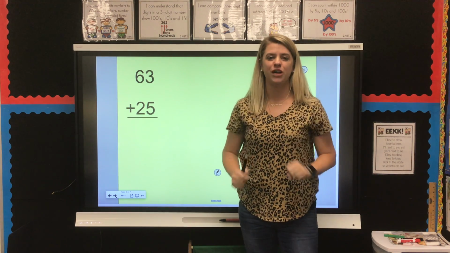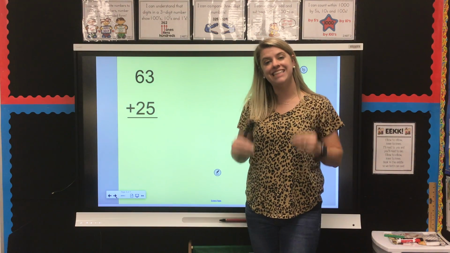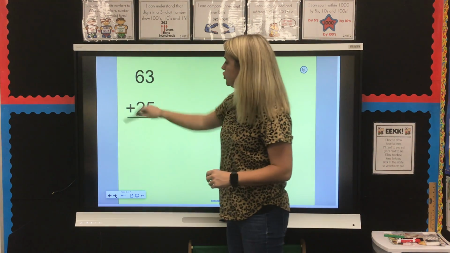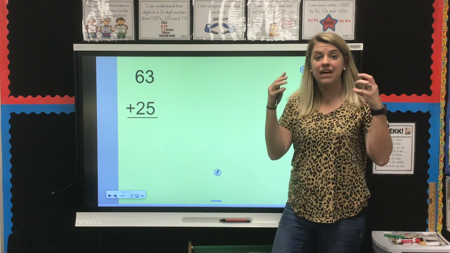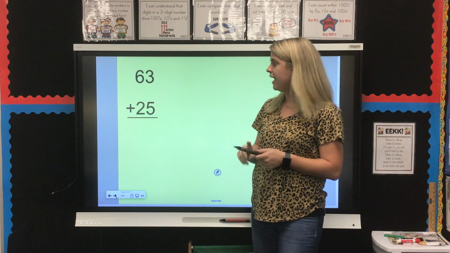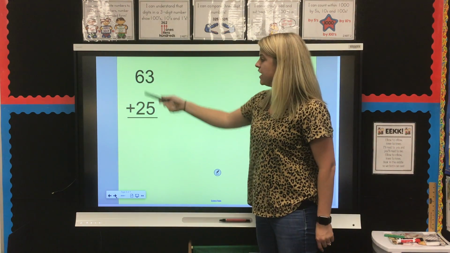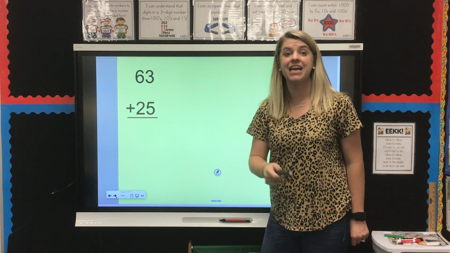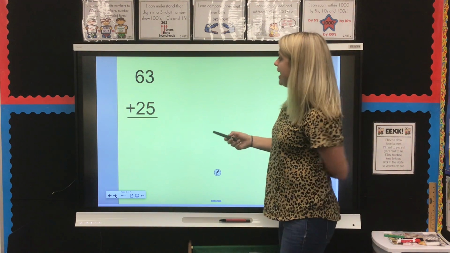But I'm going to show you a trick, okay? The strategy that we are using today to help us solve a two-digit addition problem is called decomposing numbers, okay? So we're going to decompose both of these numbers and then add them together, and that will help us add, okay?